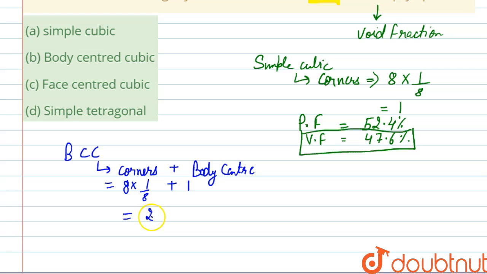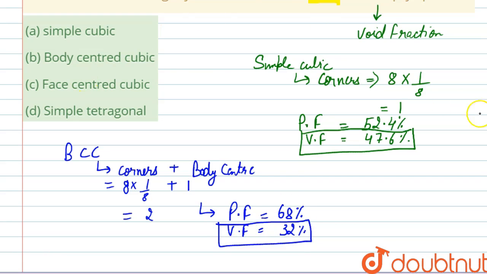So the number of atoms present per unit cell of BCC is 2. If we calculate the packing fraction or the volume occupied by the atoms in this type of unit cell, it will be equal to 68%. And the empty space, that is the void fraction, will be equal to 32% in case of BCC.